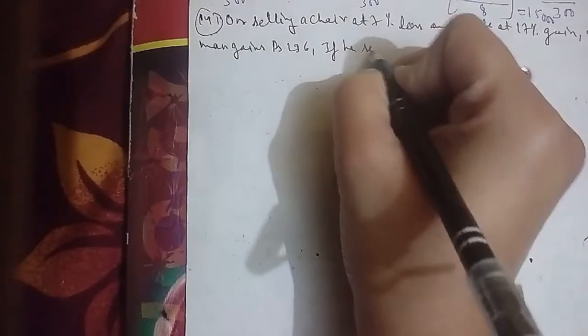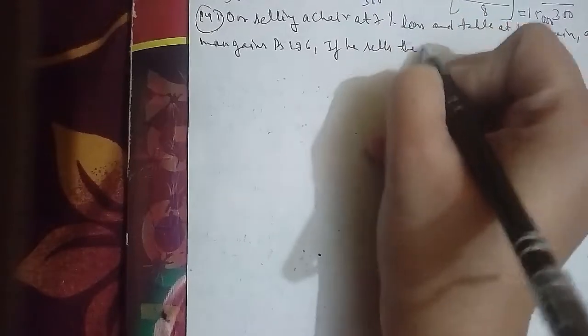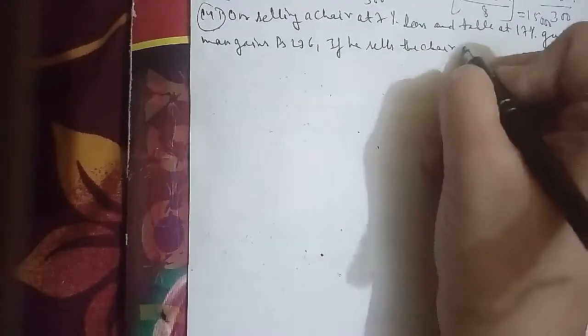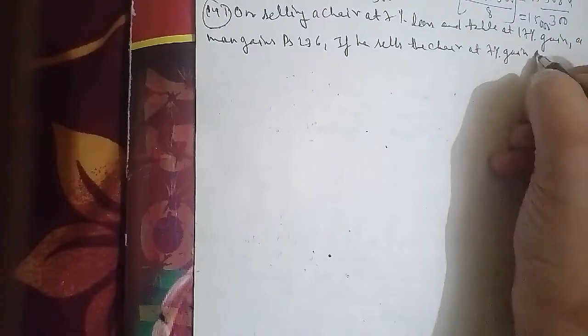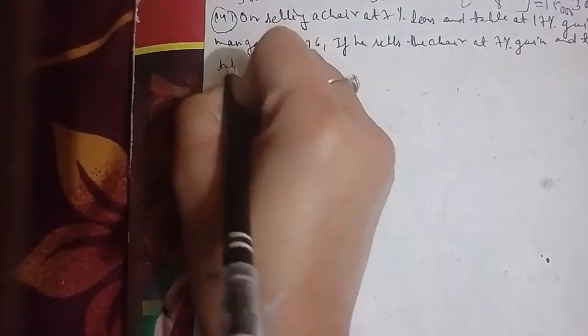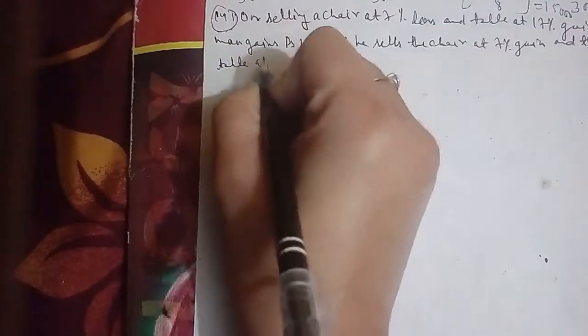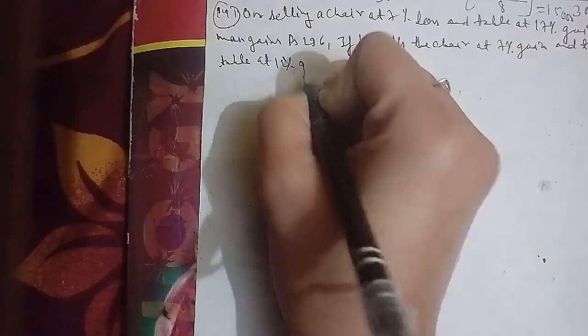The actual price of the table is what we have to find. The options are 1600, 1800, 2200 and 2400. So we go ahead for the same here.